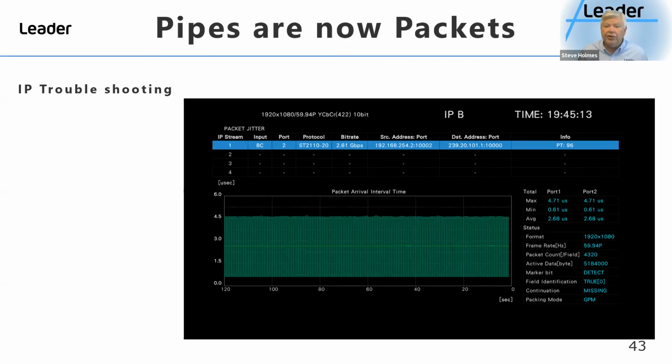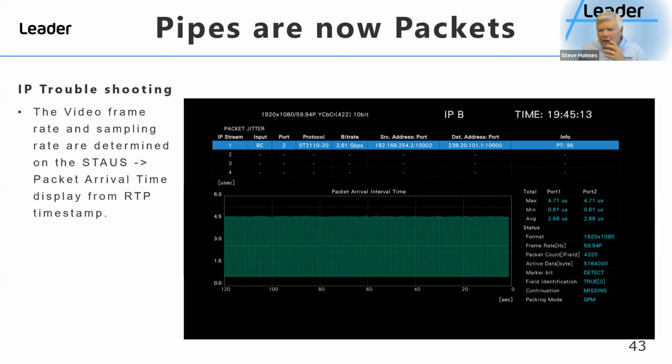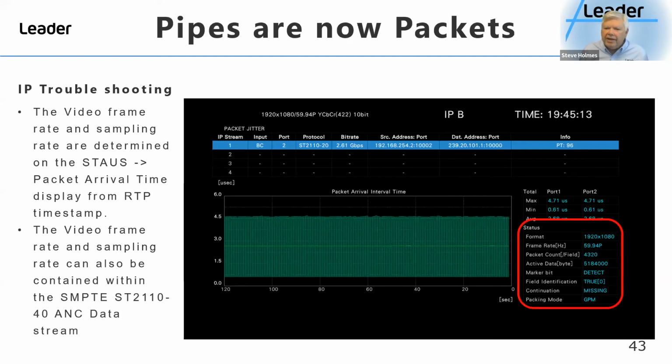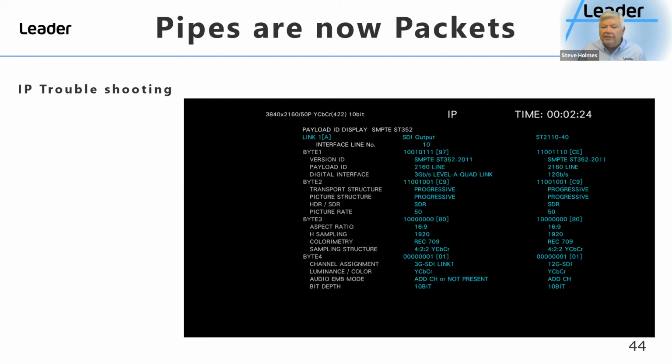One is just looking at mathematical statistics and trying to figure it out. The other way is that data is actually sent to the waveform monitor in what would be a file that says this is what you're looking at.